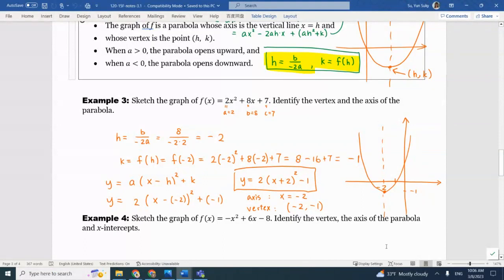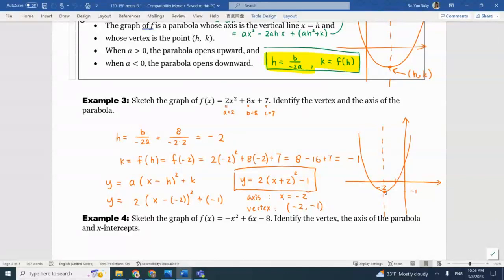The axis of symmetry is x equals h. h is negative 2. Do you see the axis is a vertical line? So a vertical line is an equation, not a number. So x equals negative 2. Because our a is positive, our parabola opens up.